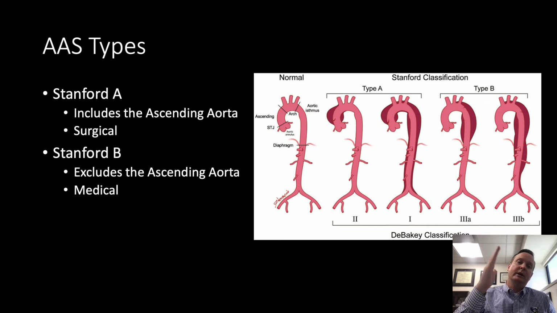So anything beyond the brachiocephalic artery is technically a Stanford type B, and is generally treated with medical treatment, like control of hypertension. There are cases in the ascending aorta in which you may try to manage it medically, such as penetrating ulcer or intramural hematoma, taking into assessment whether the patient is a good surgical candidate.